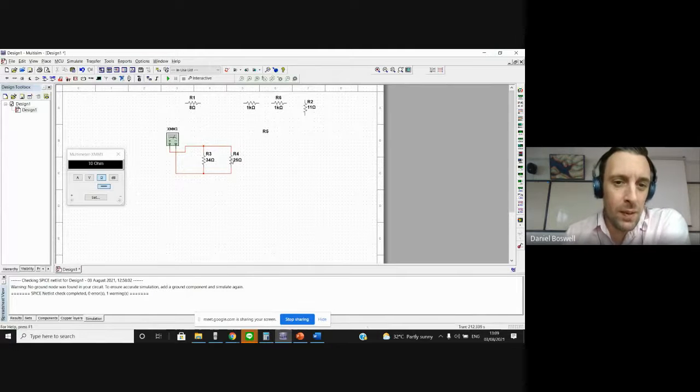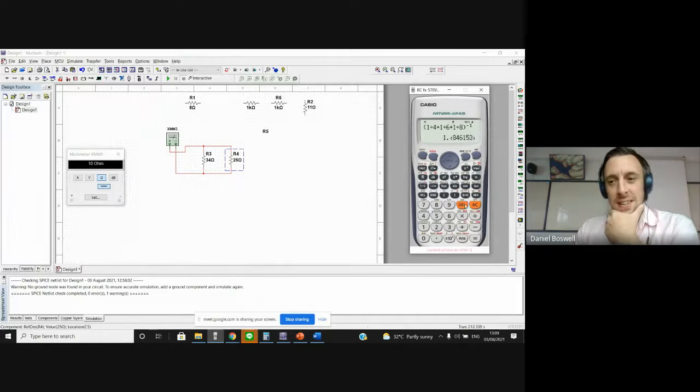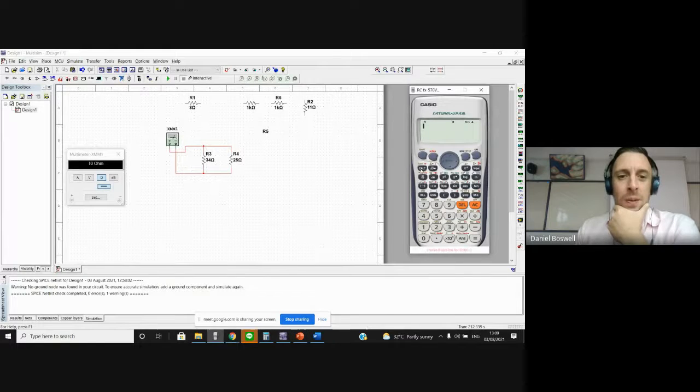Okay, so now to do this, I'll help you with this one, and then we'll change it. Remember our equation. To find out the total, we open bracket, 1 divided by 34 plus 1 divided by 25, close bracket to the negative of 1.